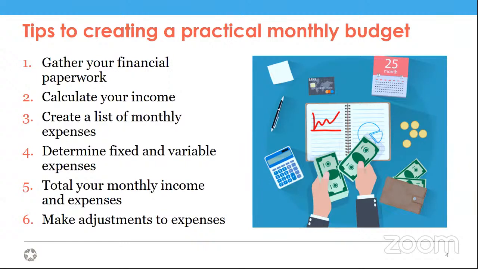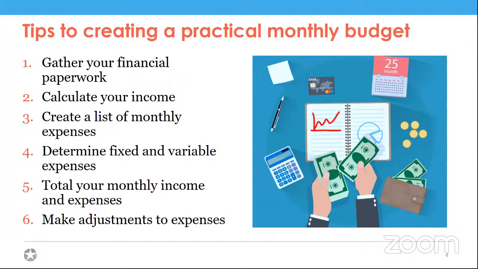If you're in a situation where expenses are higher than your income, find areas in your variable expenses you can cut. You can look for places where you can reduce your spending, like eating out less or eliminating a category, like if you subscribe to Netflix or Hulu, maybe you can cut that category out of your expenses. Or if you have a gym membership, maybe you can cut that expense out for the time being until you can get yourself a little bit more financially stable.